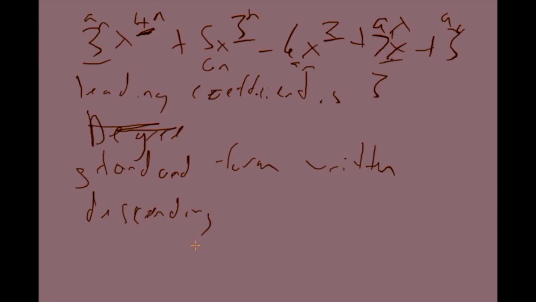You've got your largest term, which is 3x to the 4th, and then your second largest, third, fourth, fifth. So descending order, biggest to smallest.